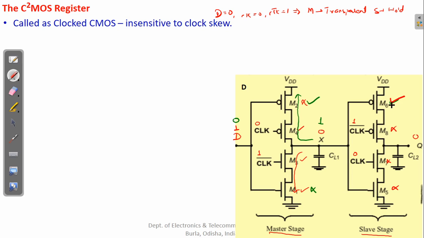So either if M6 is on, Q is disconnected from VDD, or if M5 is on, Q will still be disconnected from the ground, because M7 and M8 are acting as an open circuit. So in this case Q will retain its previous value. So X will go to D bar, and Q will retain the previous value under this situation.